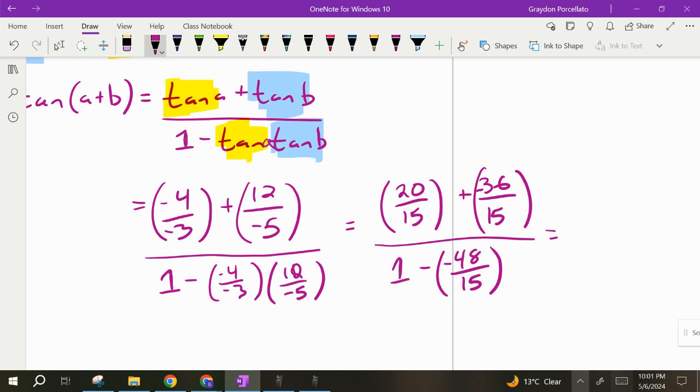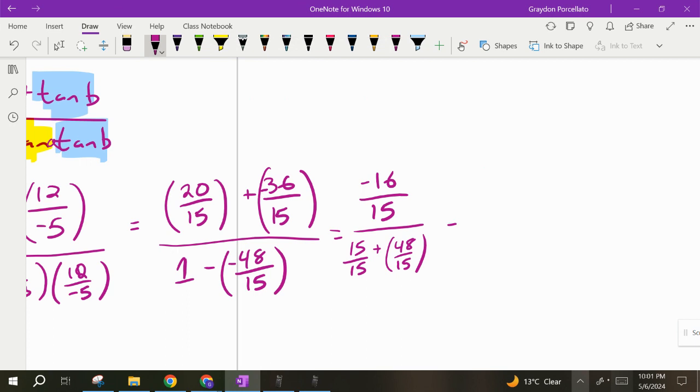Oh, no, sorry, -16 over 15 all over 1 plus, let's actually do this: 15 over 15 plus 48 over 15 equals -16 over 15 divided by. So if I simplify the bottom, 15 plus 48 is 63 over 15.